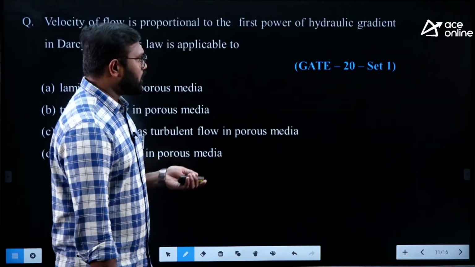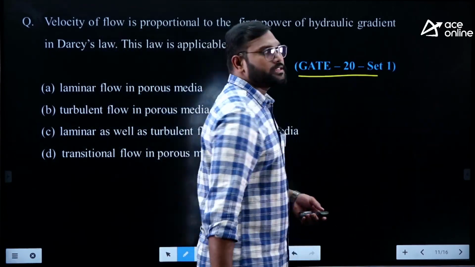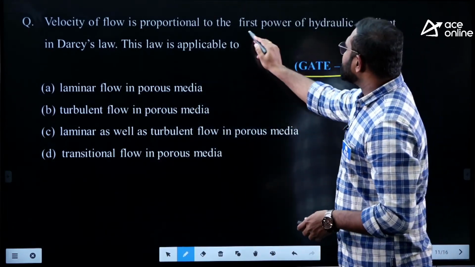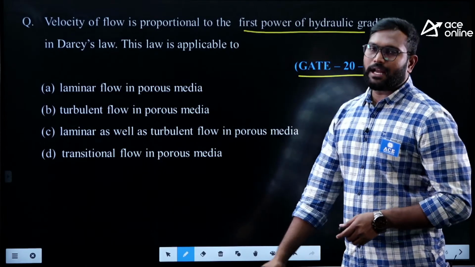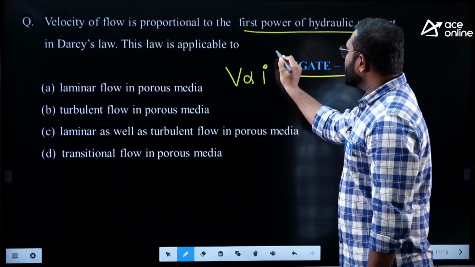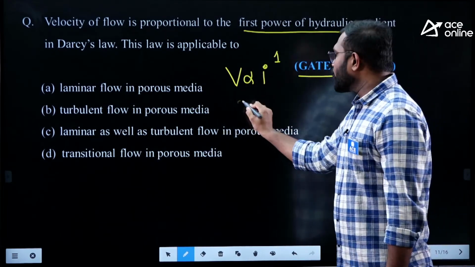Okay. Now you see this question which was previously asked in GATE 2020 set 1. Velocity of flow is proportional to first power of the hydraulic gradient. What is the meaning of velocity of flow proportional to first power of the hydraulic gradient? That is nothing but x is equal to 1.